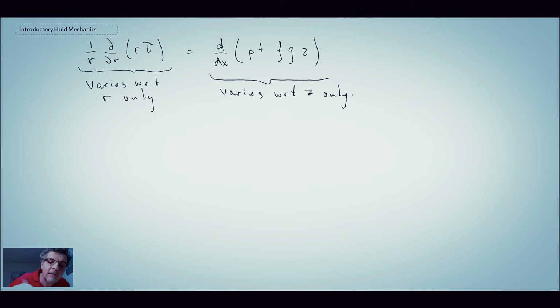And we can use a bit of a mathematical formulation. And we did this when we were working with streamlines, stream functions, and potential flow. But let me write that out again.